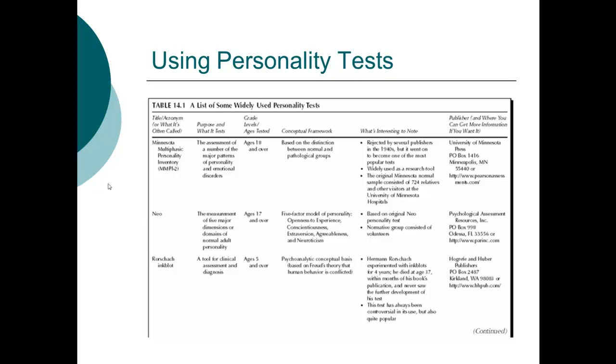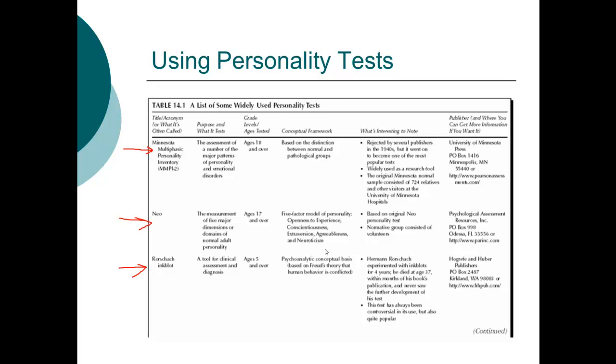And so we've got a recreation of table 14 that's in your book of a number of personality tests. Here is the Minnesota Multiphasic Personality Inventory, which is what we just got through discussing, and then the NEO test, and then the Rorschach inkblot test.